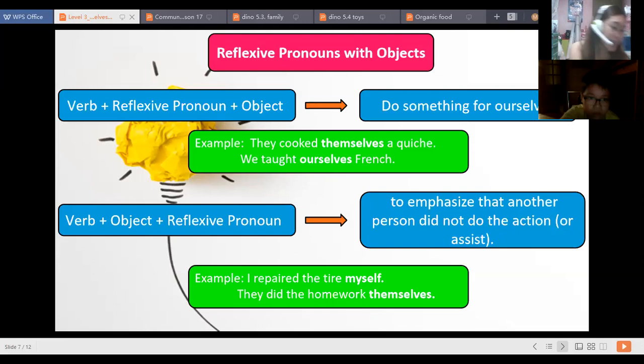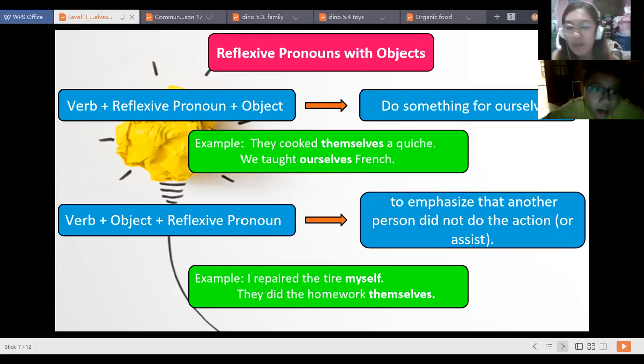Okay, can you read again? Can you read twice? Verb plus reflexive pronoun with object. Verb plus reflexive pronoun plus object. Do something for ourselves. Example, they cook themselves a quiche. We taught ourselves French.